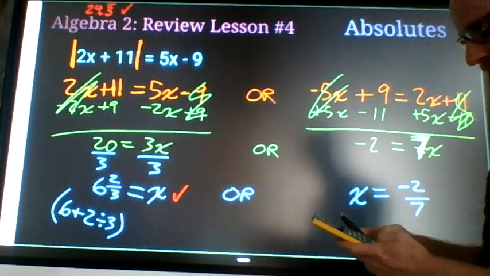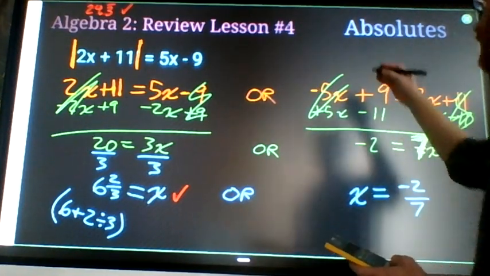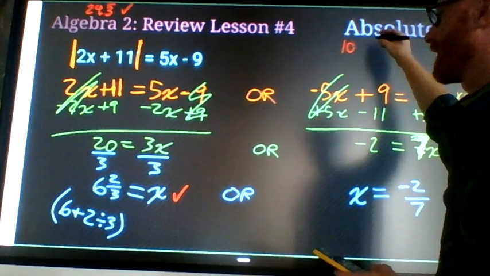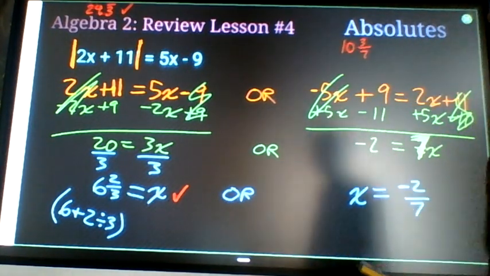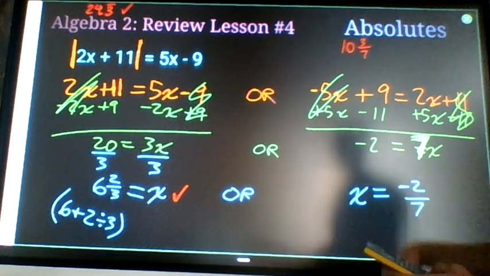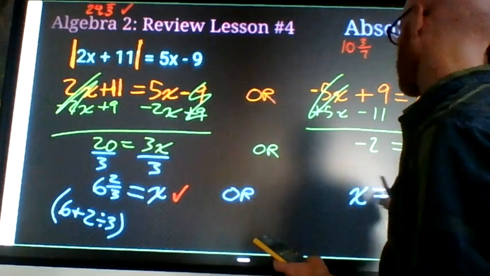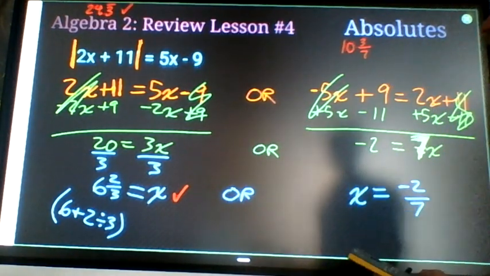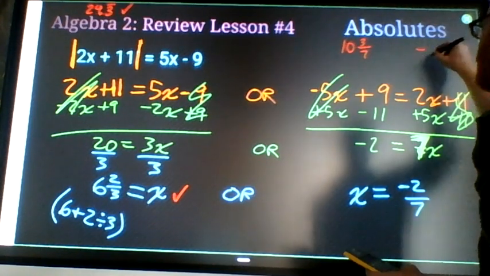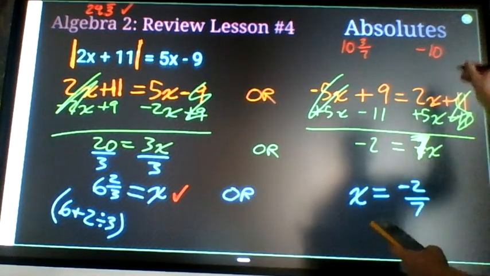That'll be negative 4/7. Negative 4/7 plus 11 will be 10 3/7. On the right-hand side, we got 5 times negative 2/7. So negative 10/7 minus 9. It's going to be negative 10 3/7.